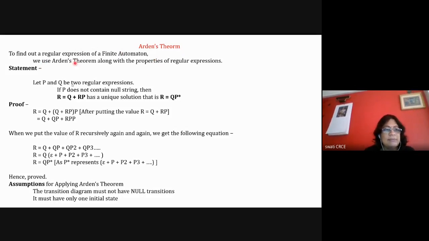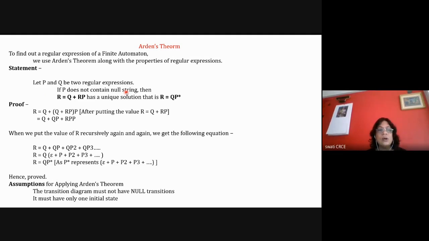So the statement of Arden's theorem is that suppose you are having 2 regular expressions P and Q. Okay, it's a very small concept. If P does not contain any null string, so there are no empty symbols, this is for DFA.